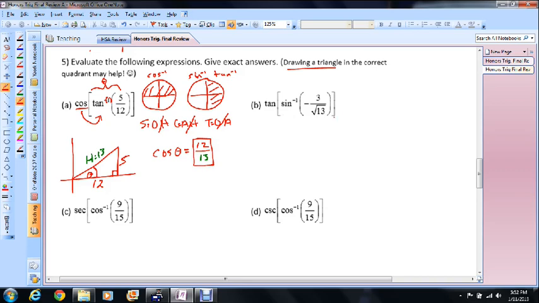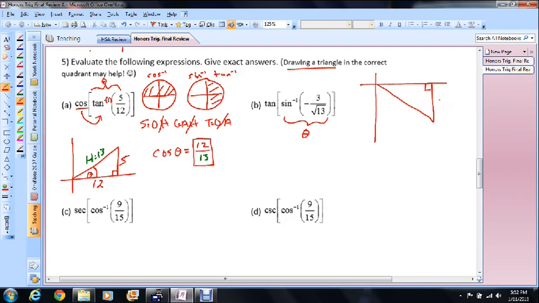So I'll try to go a little bit quicker with these other ones. So again, this is going to give us an angle. It's a negative, so sine is negative in the fourth quadrant. So I'm going to draw my fourth quadrant triangle. Not really worried about drawing it to scale. This diagram is just to help us organize the information.